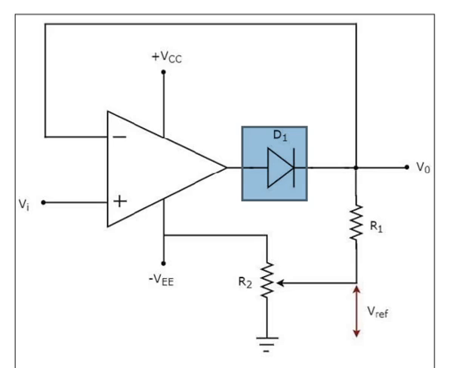In the circuit above, the sinusoidal voltage Vi is applied to the non-inverting terminal of the op-amp. The value of the reference voltage V reference can be chosen by varying R2.